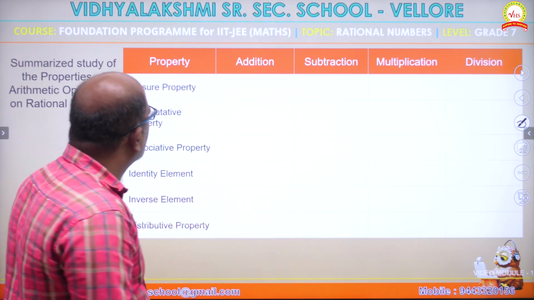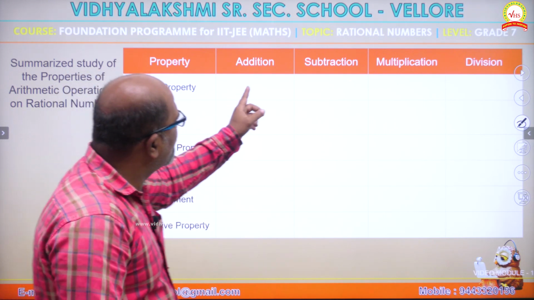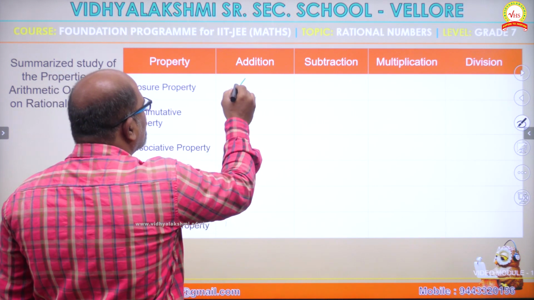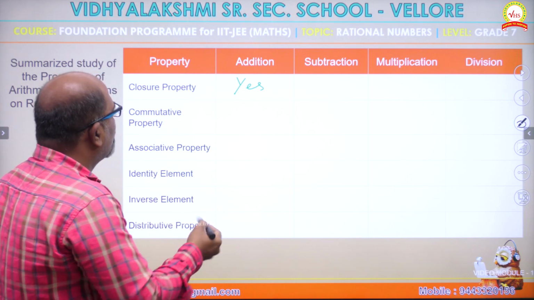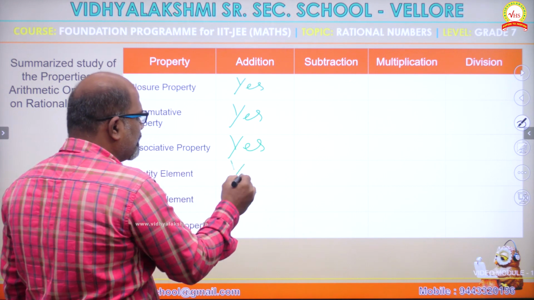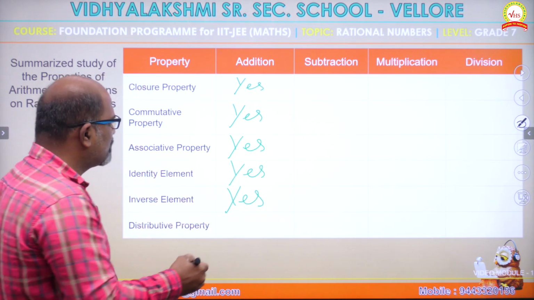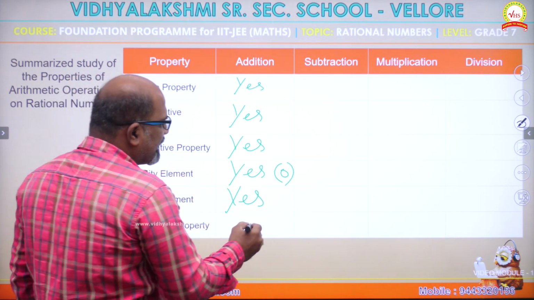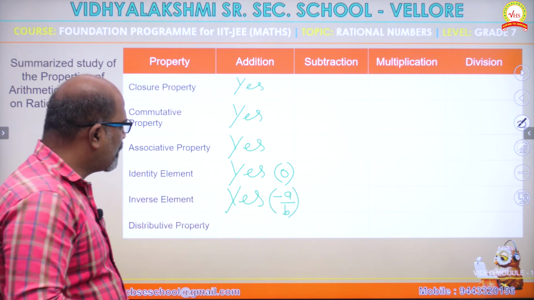First I want to write what properties are satisfied in the case of addition and multiplication, because it is easy. Closure property, yes, it is satisfied. Commutative property, yes, addition, all are satisfied. But you know, the identity element in the case of addition is 0, and the inverse element in the case of addition is minus A by B, that is the number with the opposite sign.